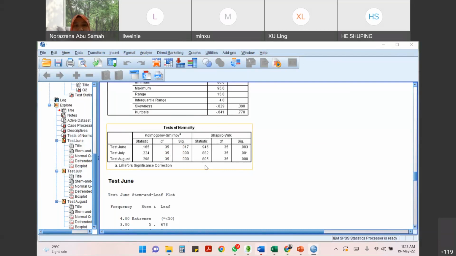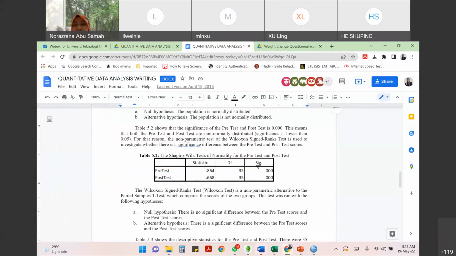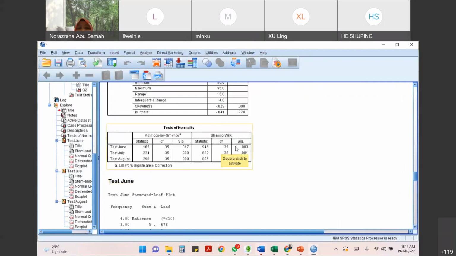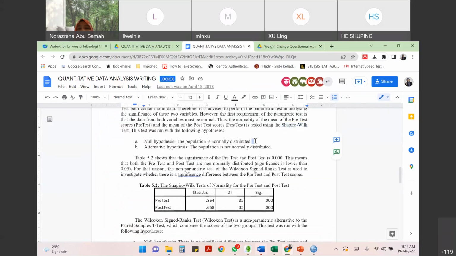Only take the statistics, DF, and significance. DF is the degree of freedom. So just look at here, for the test of June. Remember this: above is normal, below is not normal.